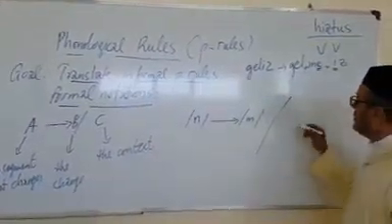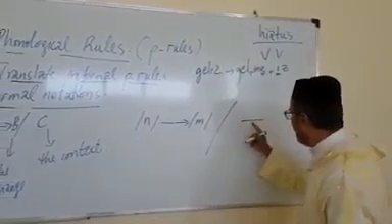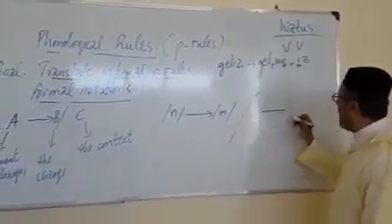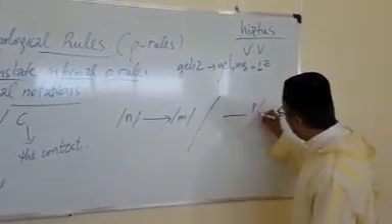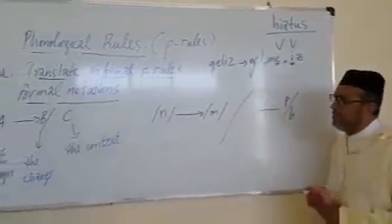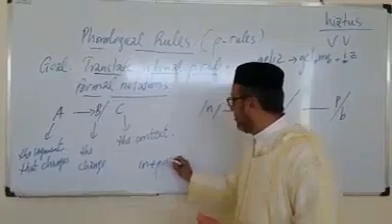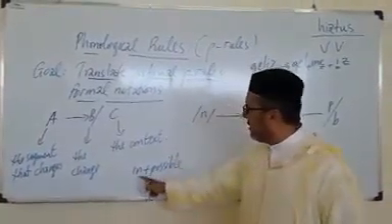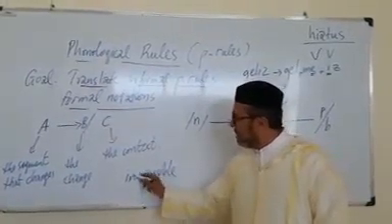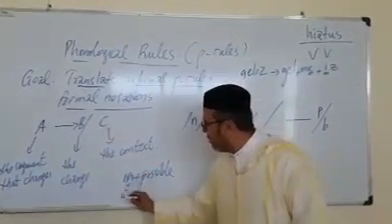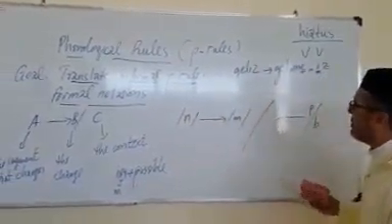So here we'll have the context: when it is followed by p or b. Remember, we said that historically the word possible was actually impossible, and because of the bilabial stop here, this n has changed into m. So, how do we do this?